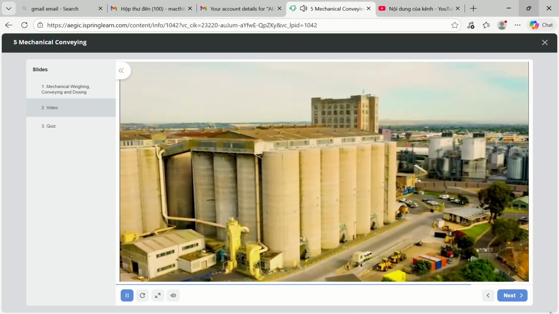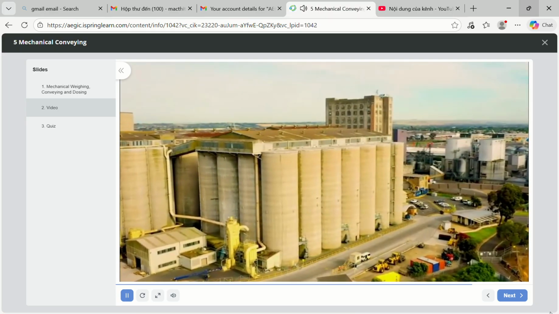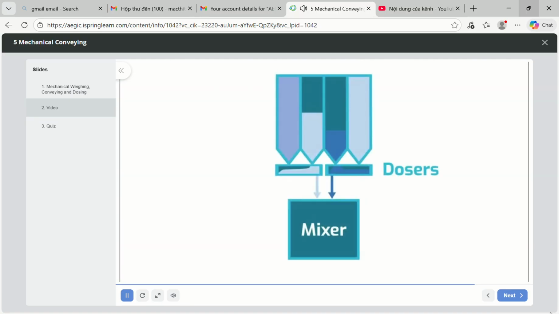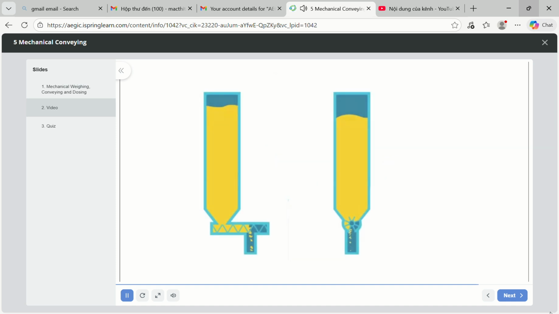Some examples of this kind of use include dosing out grain from silos or dosing out flour from flour bins for homogenization. Examples of volumetric doser designs include simple screw conveyors or rotary seals which control flow rate by controlling rotation speed.